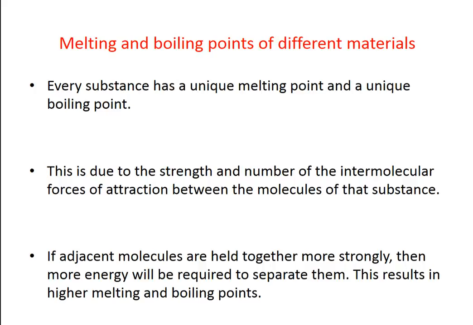If adjacent molecules are held together more strongly, then more energy will be required to separate them. This results in higher melting and boiling points. That's why metals and ionic compounds will need a very high boiling point, because you are separating strong chemical bonds. Molecular compounds normally do not need high boiling points.